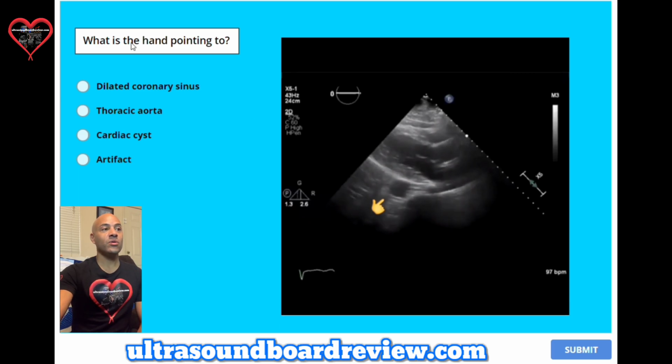Question 88. What is the hand pointing to? A, dilated coronary sinus. B, thoracic aorta. C, cardiac cyst. Or D, artifact.